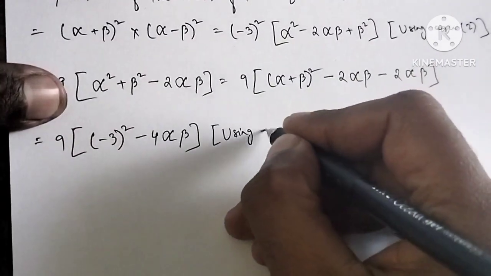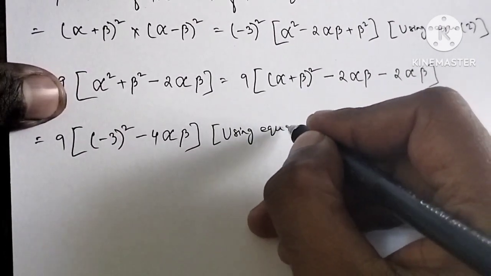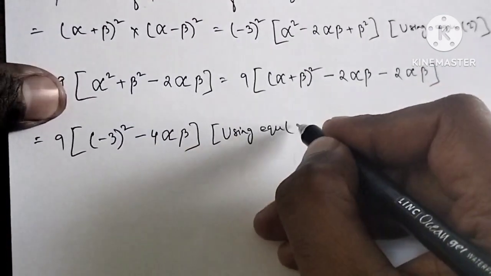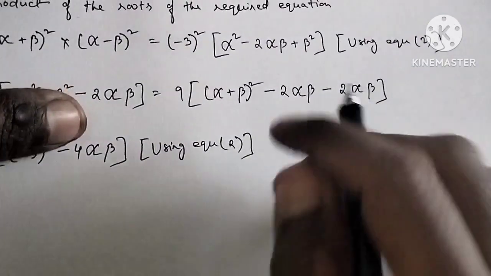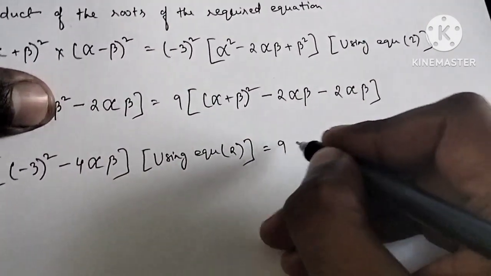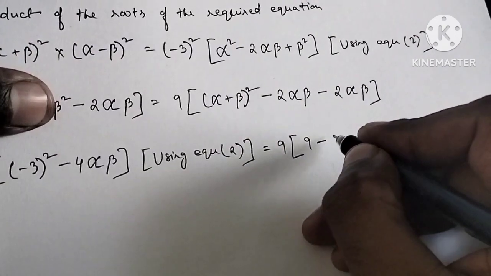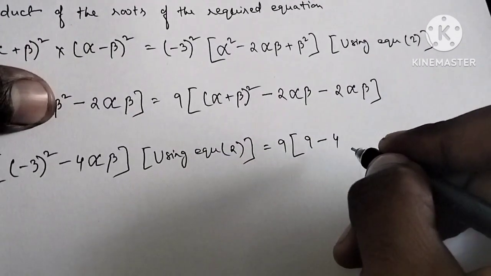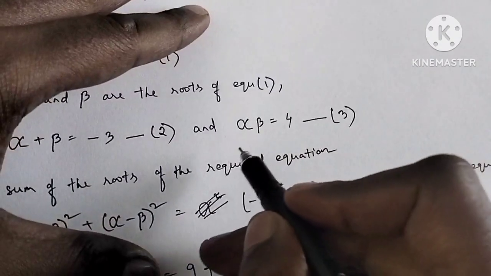Using equation 2 again, so it will be 9 into 9 minus 4 into 4, alpha beta is equal to 4.